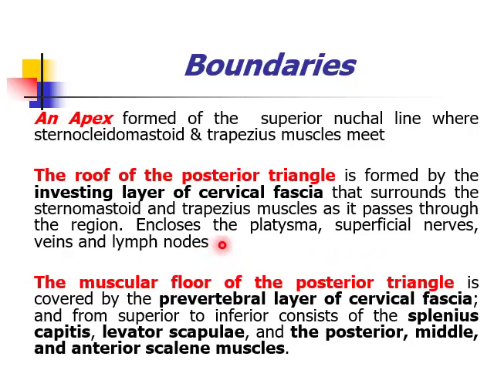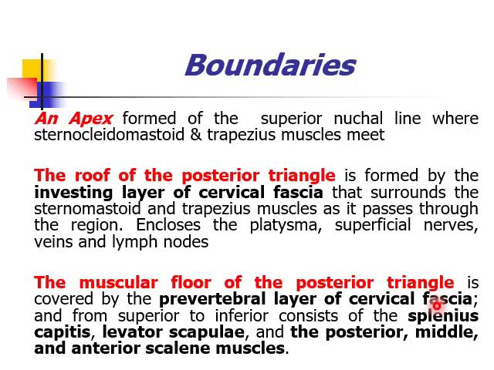The muscular floor of the posterior triangle is covered by the pre-vertebral layer of cervical fascia, because we said that this layer of fascia overlaps the pre-vertebral muscles, the scalene muscles and the muscles of the spine posteriorly.